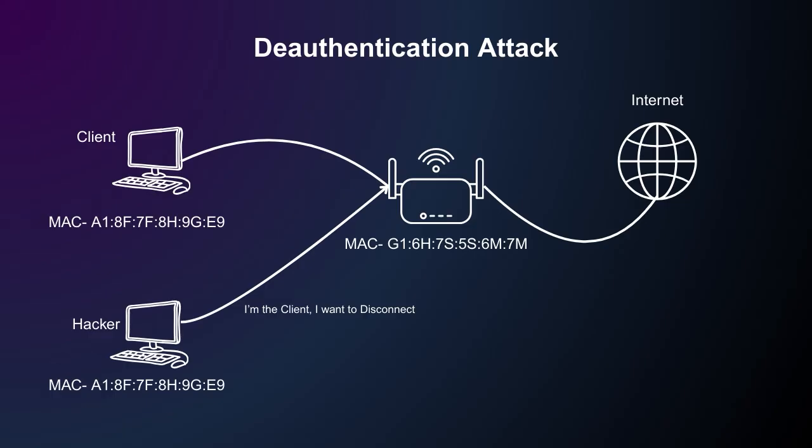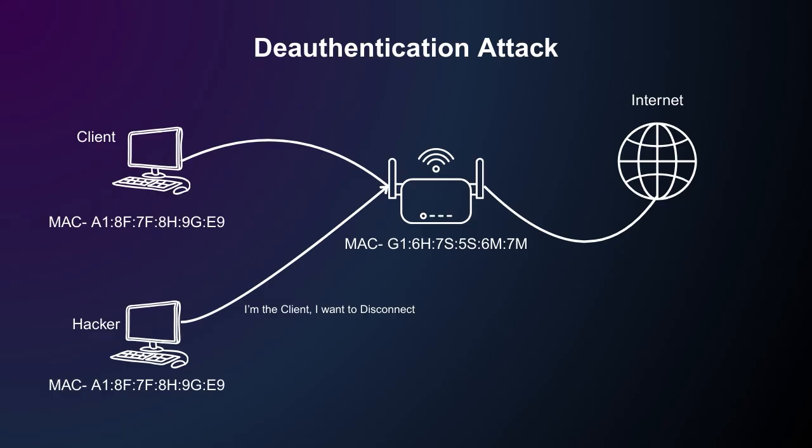So as you can see here, we have two devices. We have a client, that is the actual device connected on the network, and we have a hacker that is pretending to be that device, because as you can see we have the same MAC address of the client here on the hacker's machine.